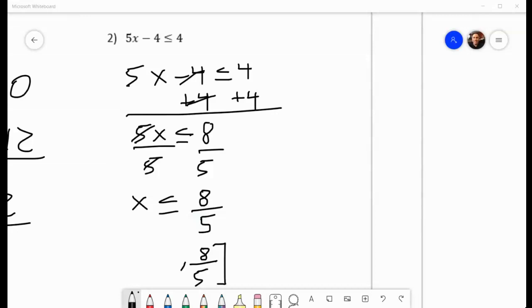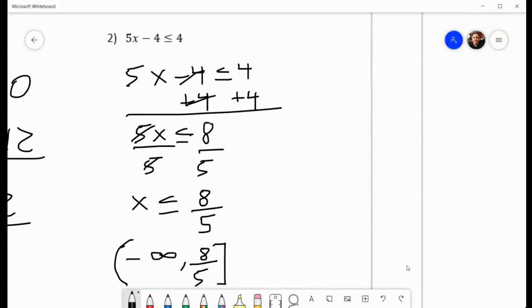And since x is less than or equal to it, we have minus infinity. Remember, minus infinity is always on the left. Whatever's smaller goes on the left. And again, we're including 8 over 5 because we have inequality here.